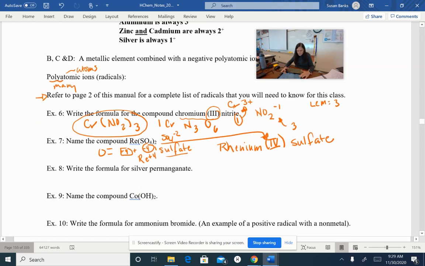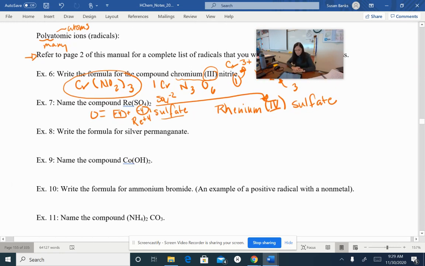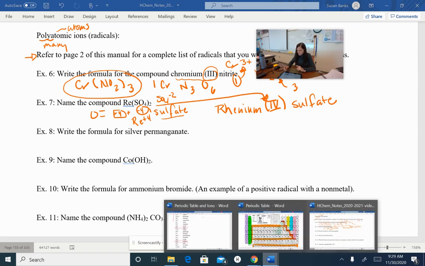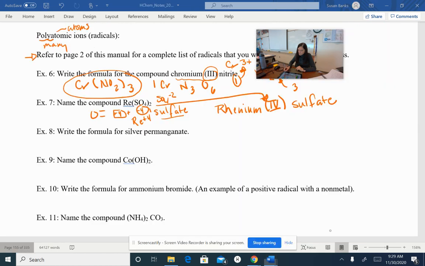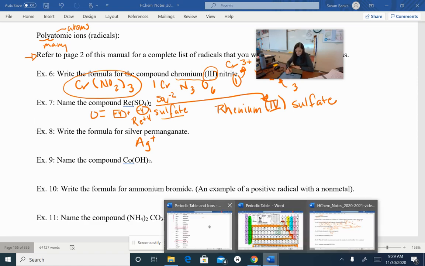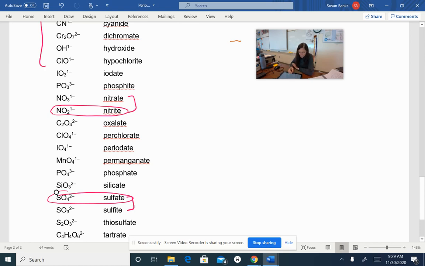Okay, this next one, write the formula for silver permanganate. If we look at our chart, silver was always a positive 1. So we can start off with silver being a positive 1. Let's look at permanganate. That's got to be one of our polyatomics. They're alphabetical.